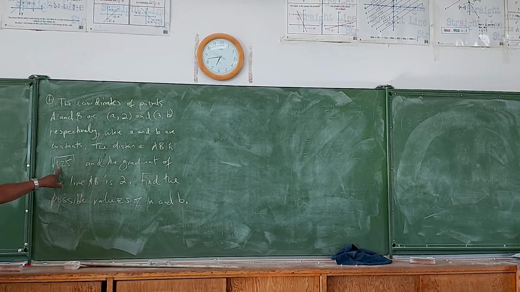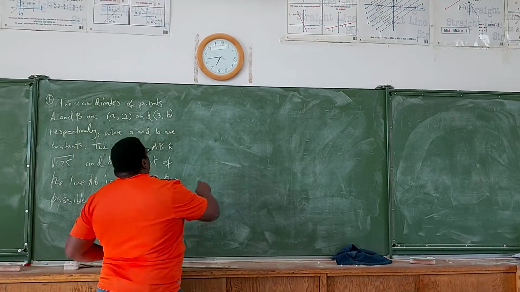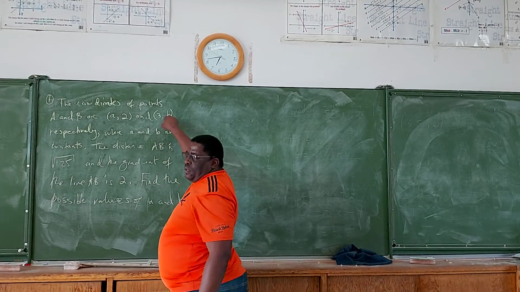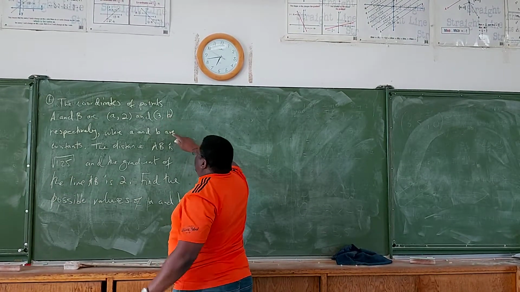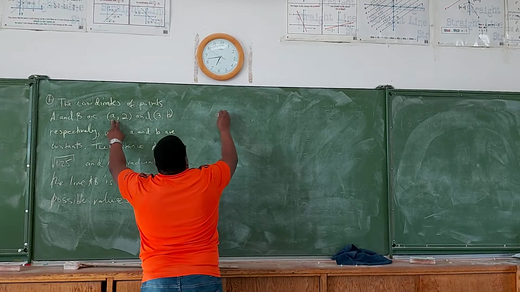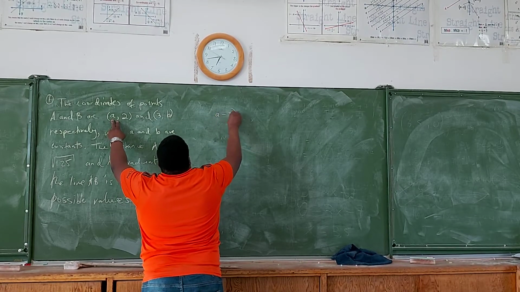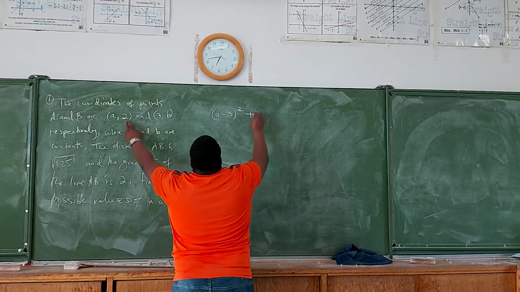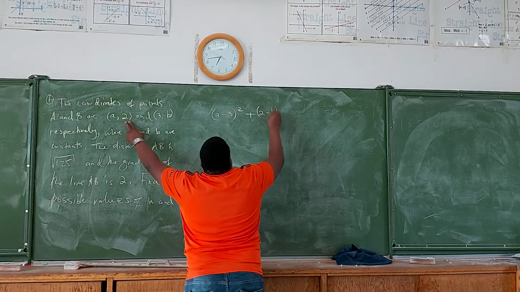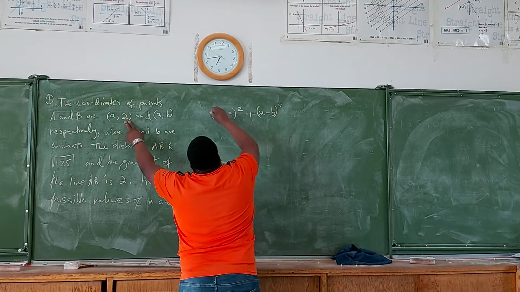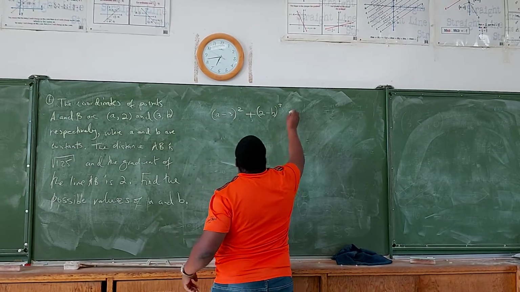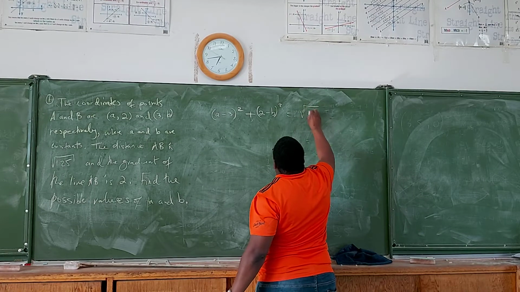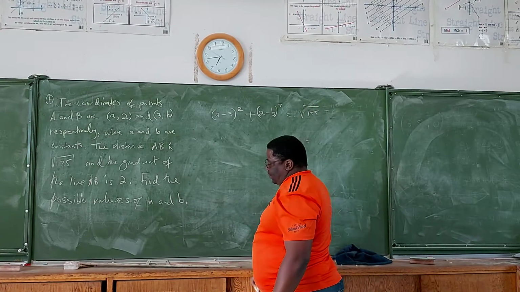You take the two x values and subtract them from each other, like a minus 3, and you square that, plus 2 minus b, you square. That gives you the distance, equal to the square root of 125.